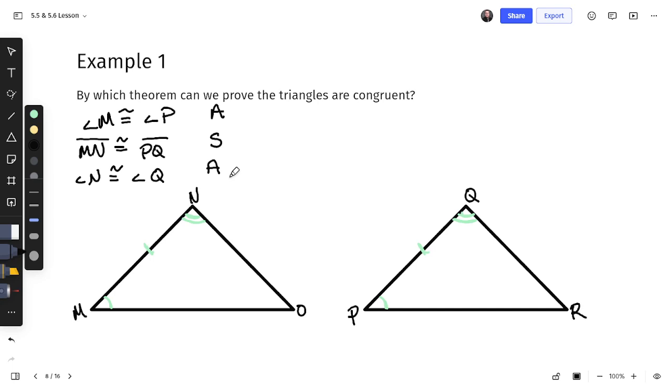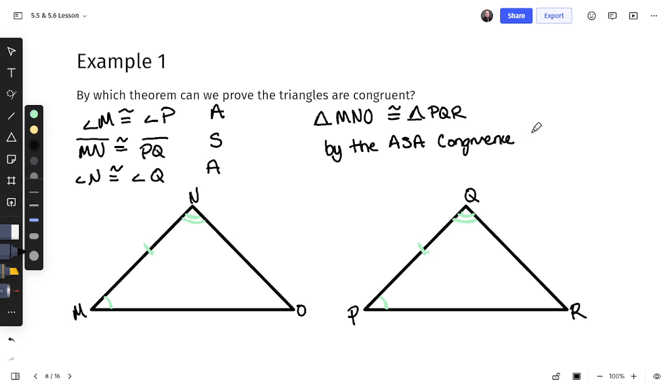So we can say that triangle MNO is congruent to triangle PQR by the angle-side-angle (ASA) Congruence Theorem.